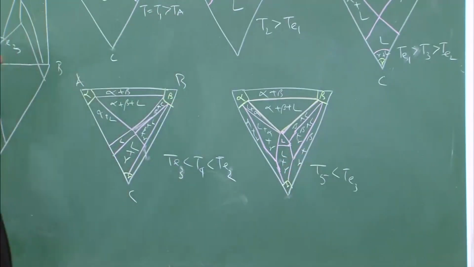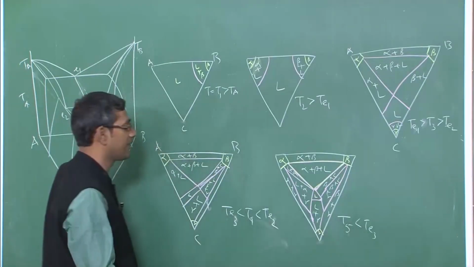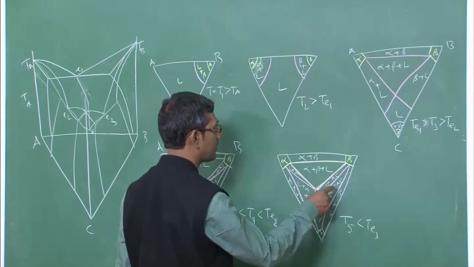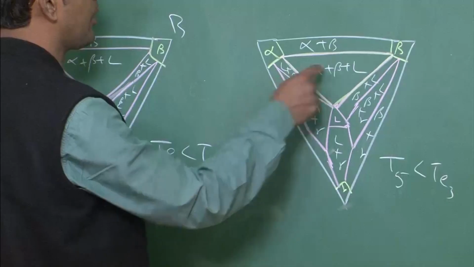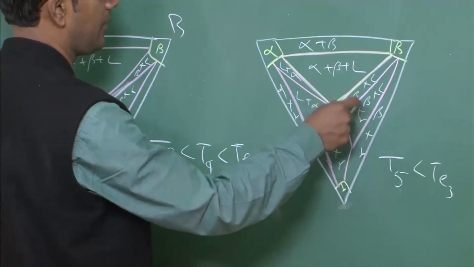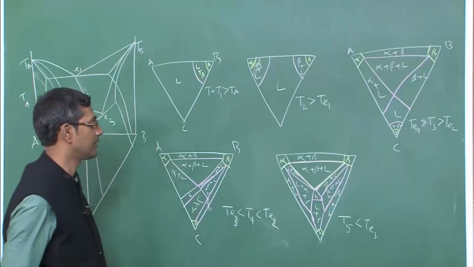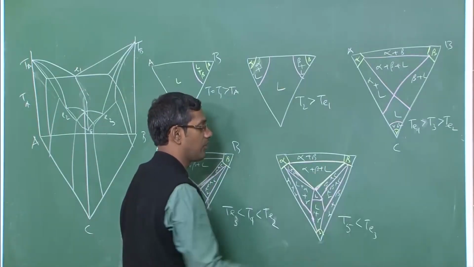That is how the phase regions are, because the temperature is lower than all the three binary temperatures, that is why three triangles will exist. And obviously, when you have a three phase zone, in between there will be two phase zones. Here there is a two phase, here there is a two phase, here there is a two phase zone existing. And between these two single phases, there will be a two phase region between these two also.